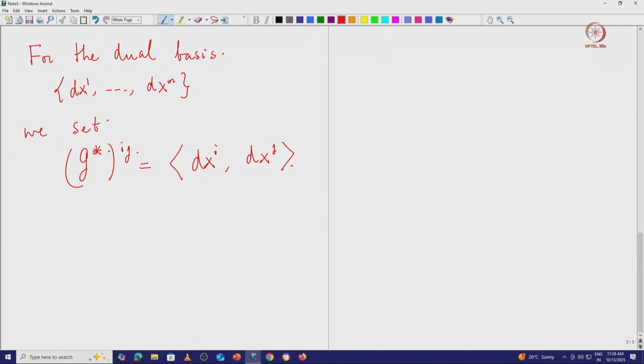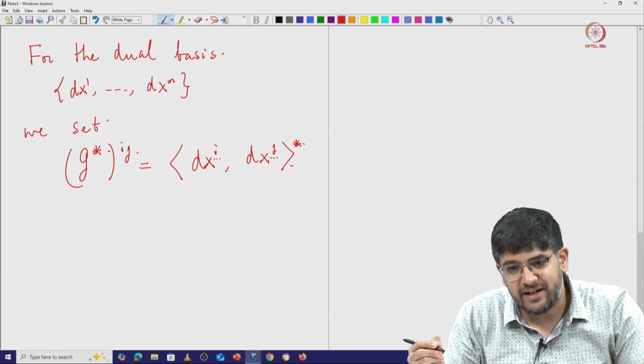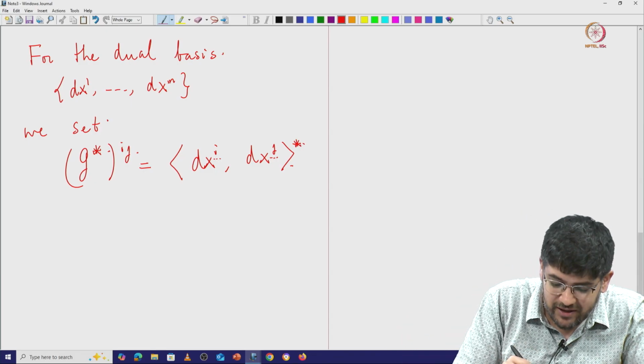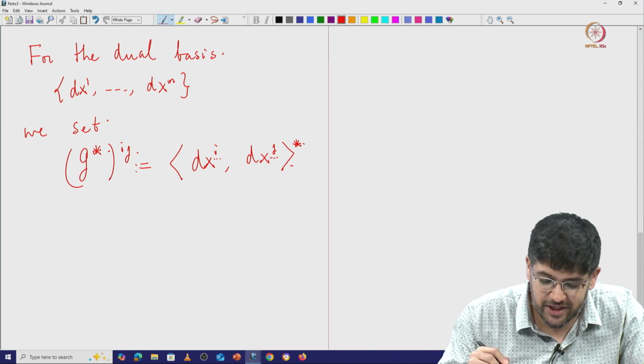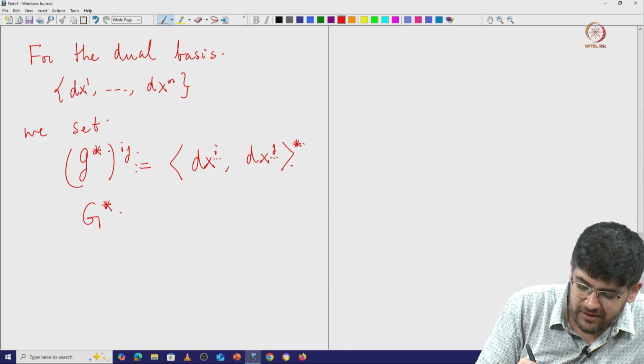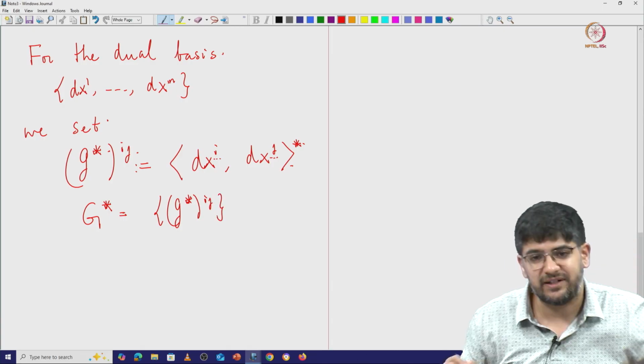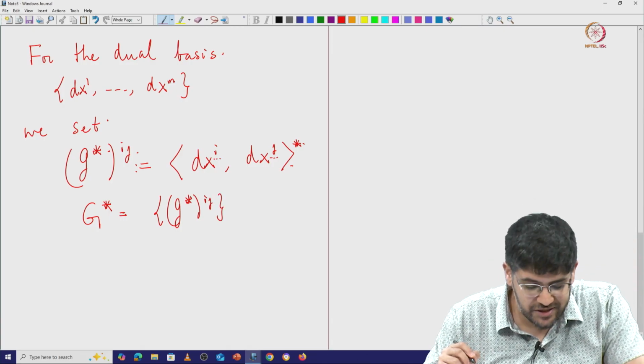I am using upper indices because the dual basis vectors are represented with upper indices. So I just take the inner product of dxi and dxj and denote that by G star upper ij, and consider this matrix whose ijth components are given by the inner product of dxi and dxj.